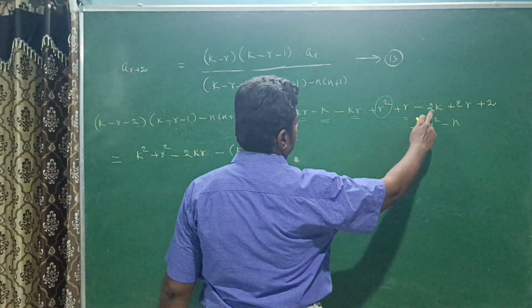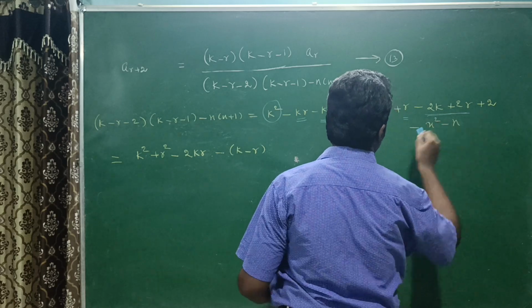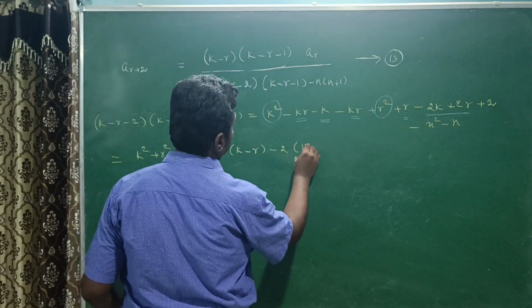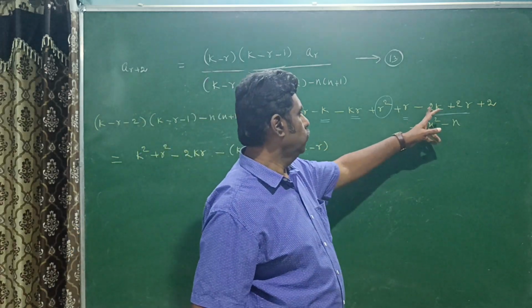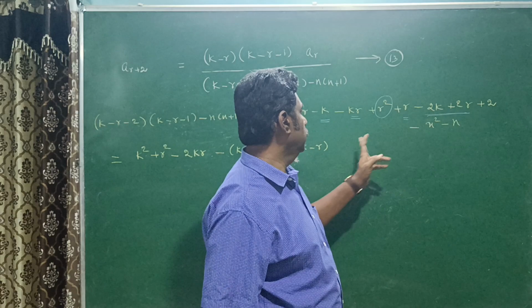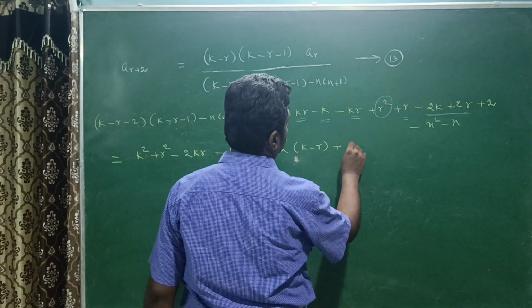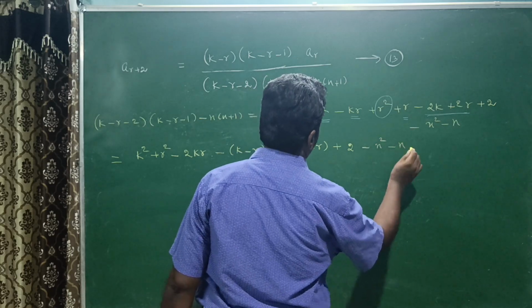Then combine these two terms. Take minus 2 outside, once again k minus r. If we take minus 2 outside, we can get k minus r. Then plus 2 minus n square minus n.